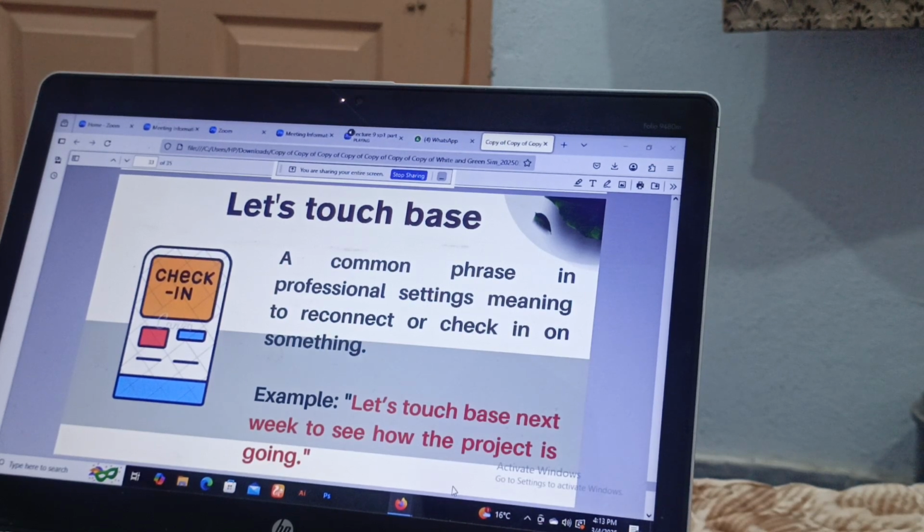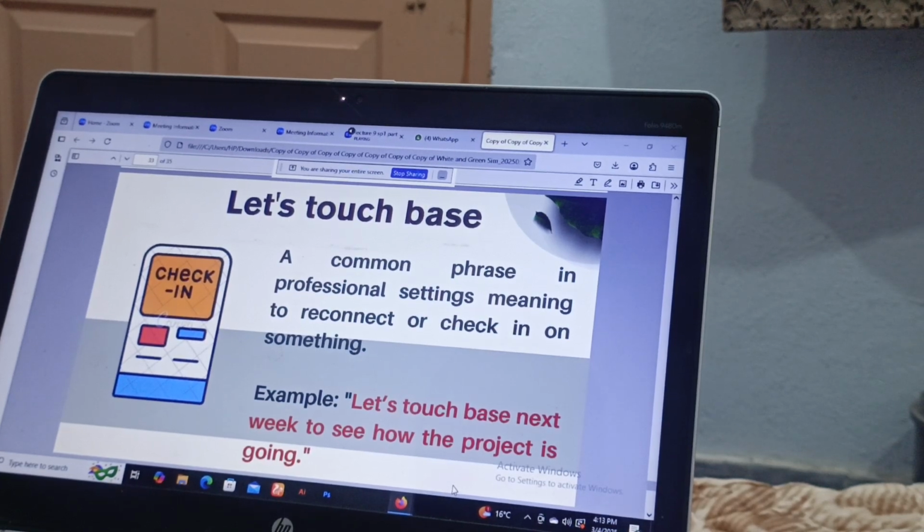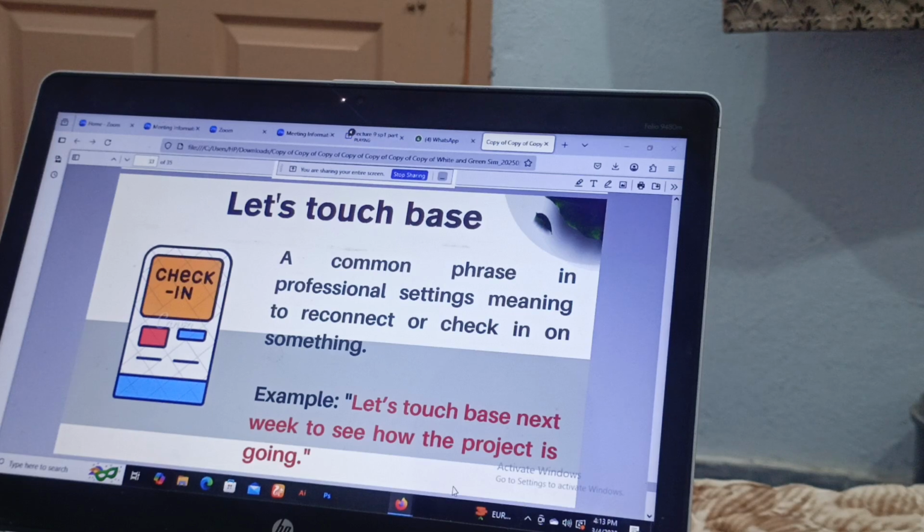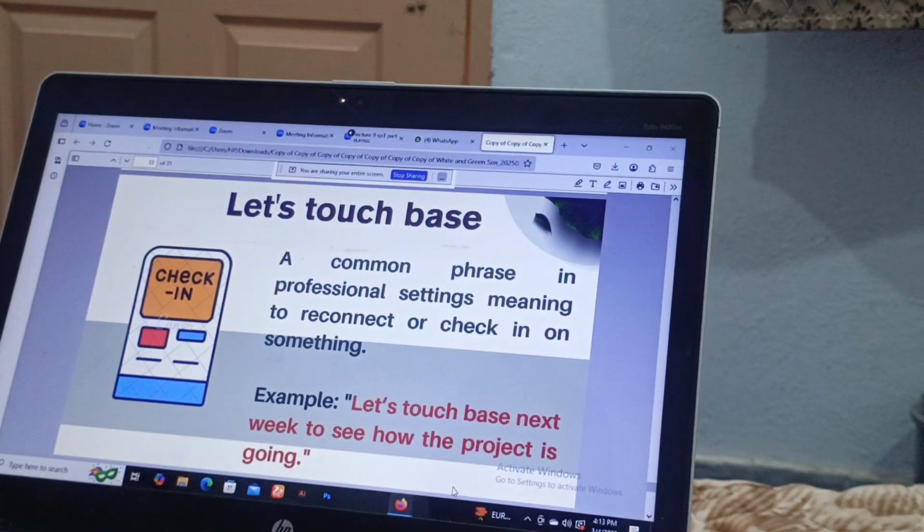Ma'am, you should clarify it more because I don't understand. Well, let's touch base is basically used in a work setting where you are with your teammates, right? You're working on a project, and you decide to meet maybe after some days or next week, or whatever time you've set, to discuss it, to check in and go over it again.